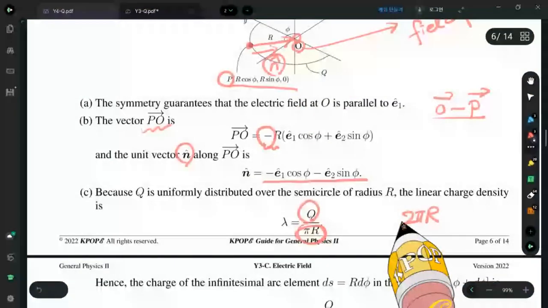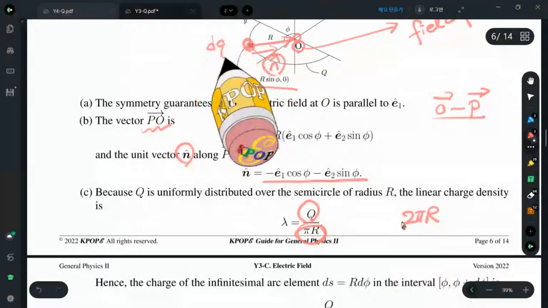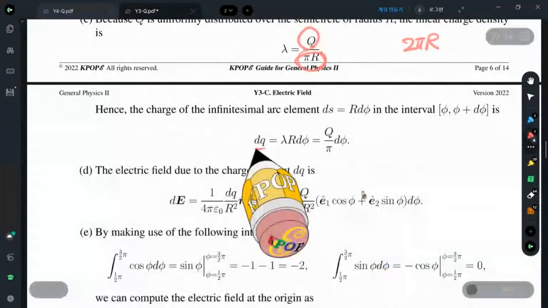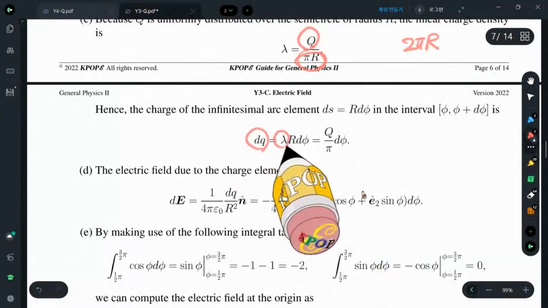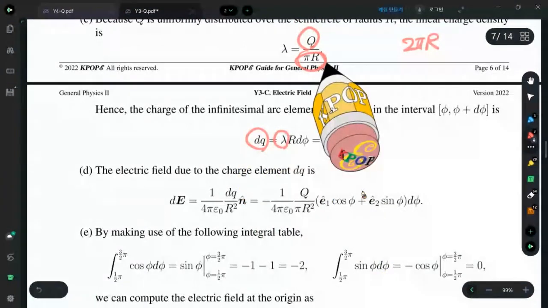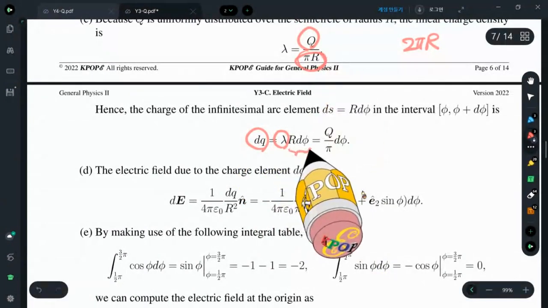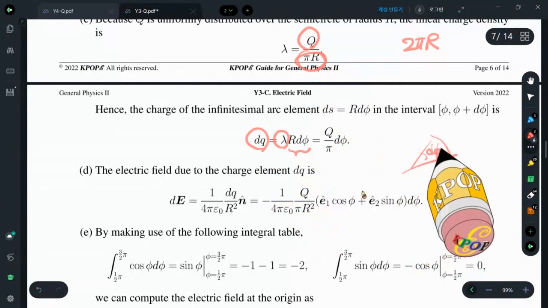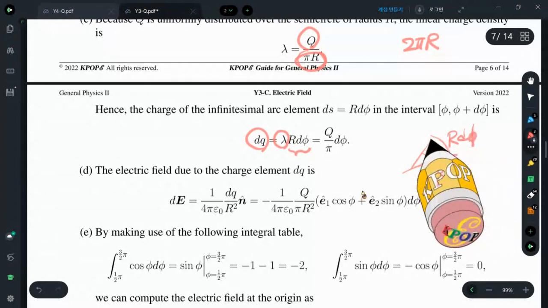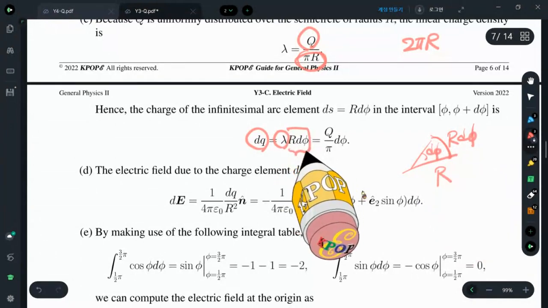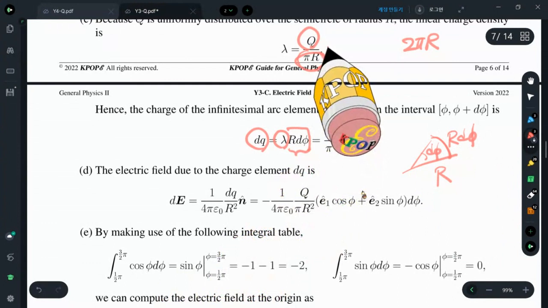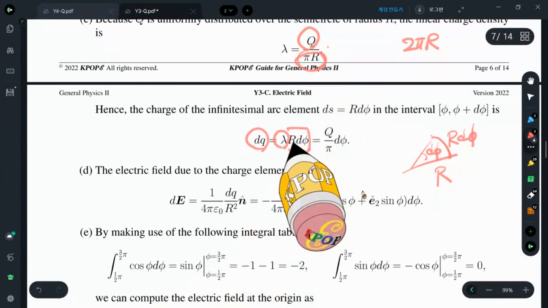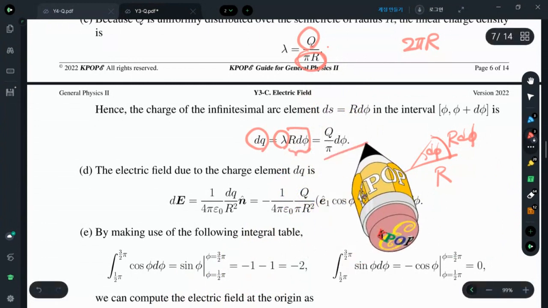The infinitesimal charge dq can be computed. dq is the charge density per length multiplied by the arc length. We have radius r and angle d phi, and r d phi is the arc length. To substitute this in here, r cancels, and we get Q over pi d phi.